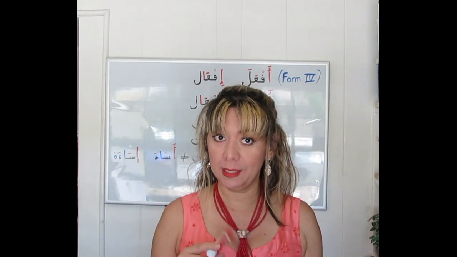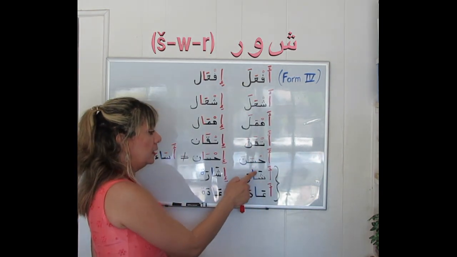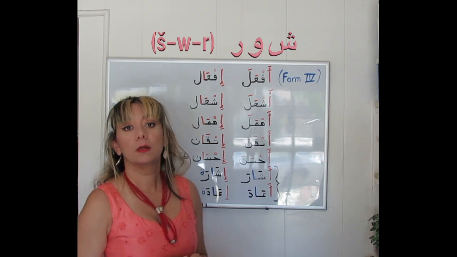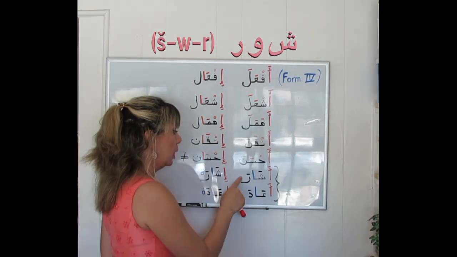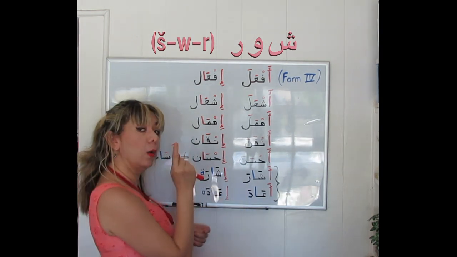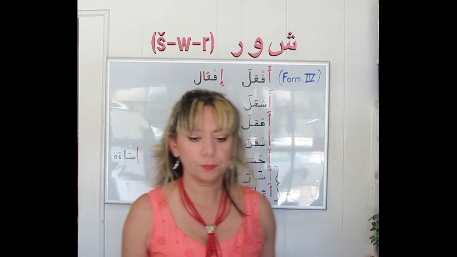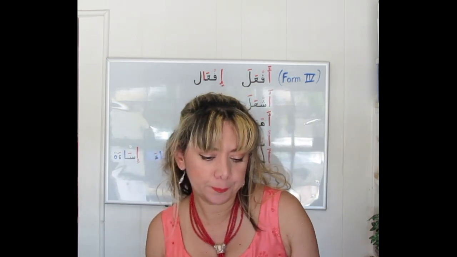And the root is shin, and this alif, normally it turns to a waw, its origin, and the ra, shin, waw, ra. So إشارة, أشار.